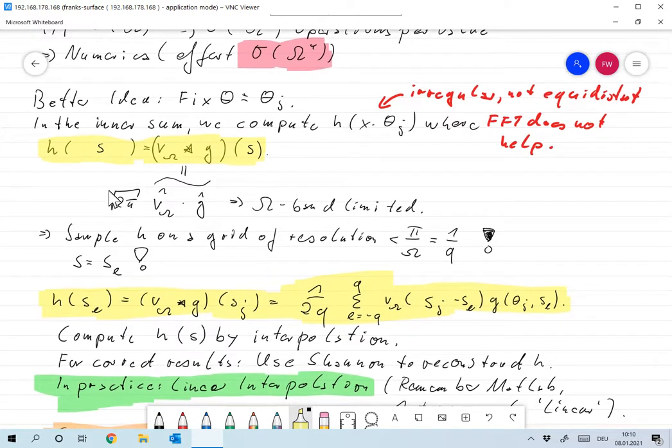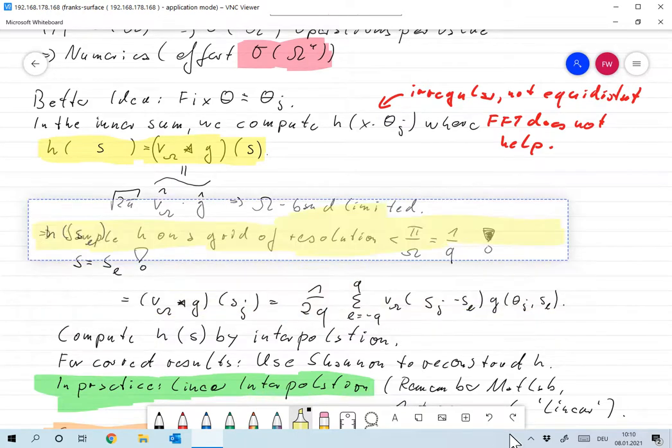So we should sample H on a grid of spacing 1 over q, and the S_l have the spacing 1 over q. So what we need to do is evaluate H for these S_l. Okay, so let's try to do that.